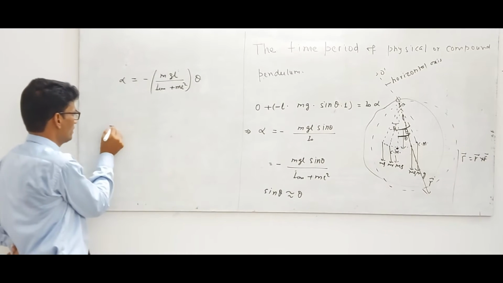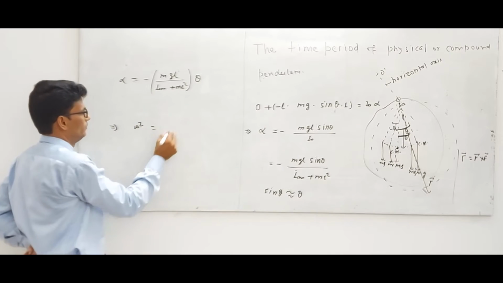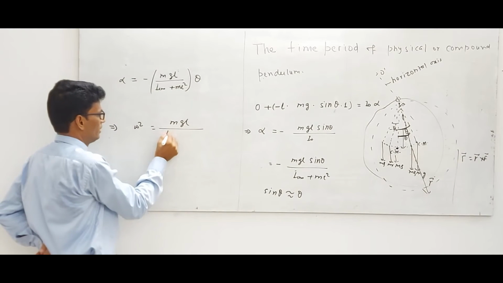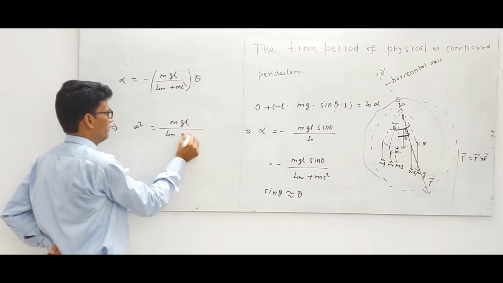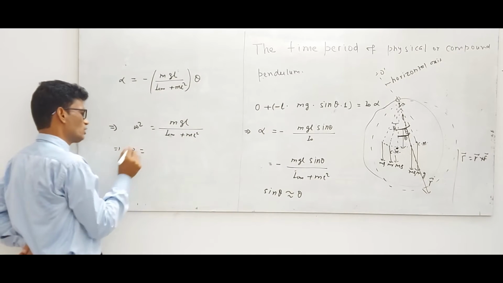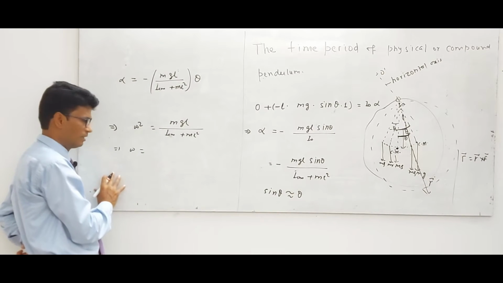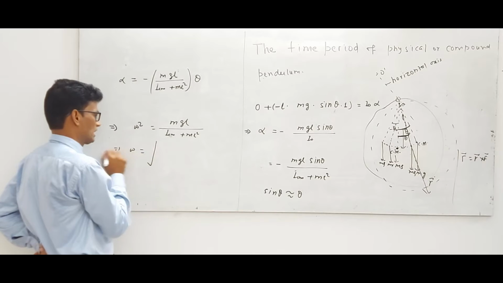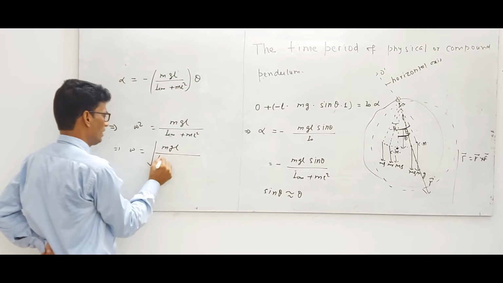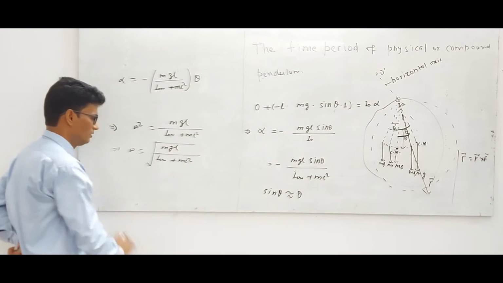So this implies omega square is equal to mgl over ICM plus ml square. From here we take the positive square root because omega will never be negative. So it comes out to be square root of mgl over ICM plus ml square.